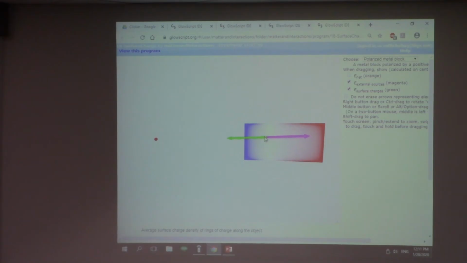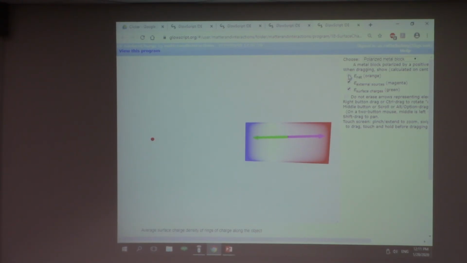Look how uniform it is. That's really interesting. Notice that at any location in here, no matter where I drag this, these fields tend to be equal and opposite. So that's kind of a complicated distribution of surface charge to make that happen.